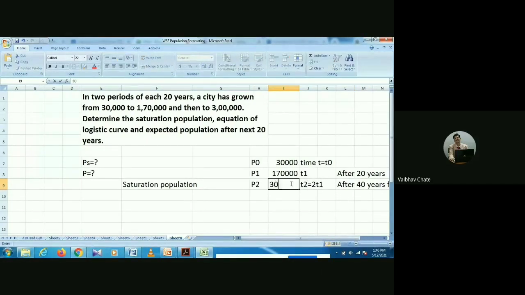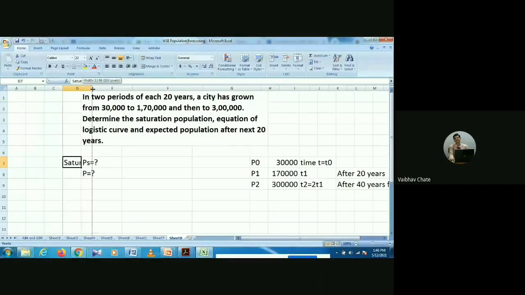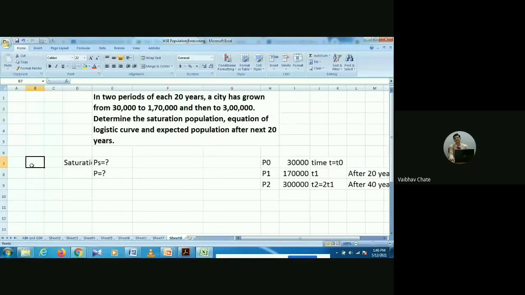This population has been given as how much? 3 lakh. So we have been given 3 values, and we have been asked to find out the saturation population. Whatever value is being asked to find out is nothing but the saturation population here.